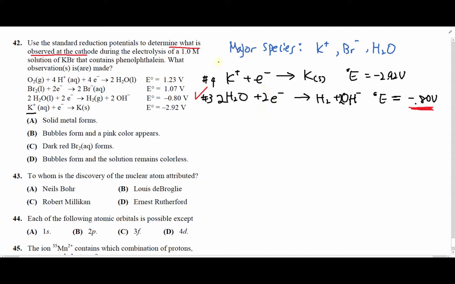Therefore, these reactions are happening at the cathode. We expect hydrogen gas bubbles to arise, and we already added phenol. Adding phenol to the hydroxide causes the solution color to appear pink. So we have bubbles and a pink colored solution. That exactly matches our B. This is what happens at our cathode. Answer is B.